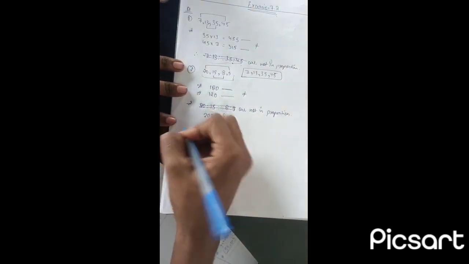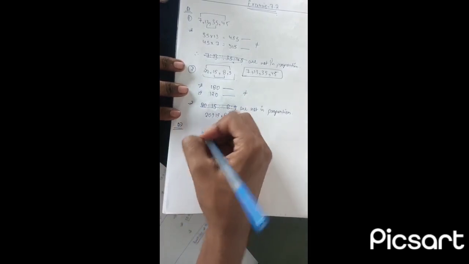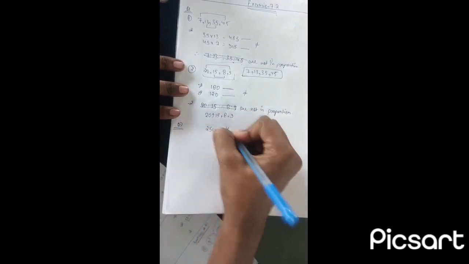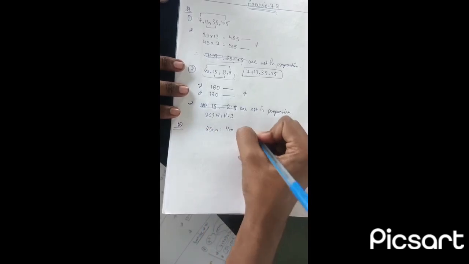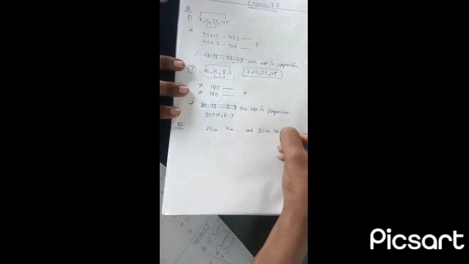So what it is saying, question number 2, is that the ratio 25 centimeter to 4 meter, and 20 second to 6 minutes.